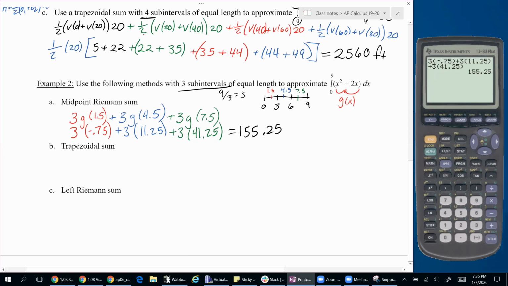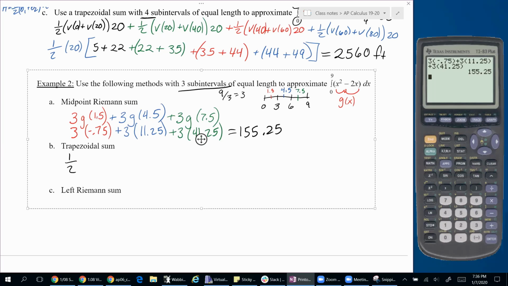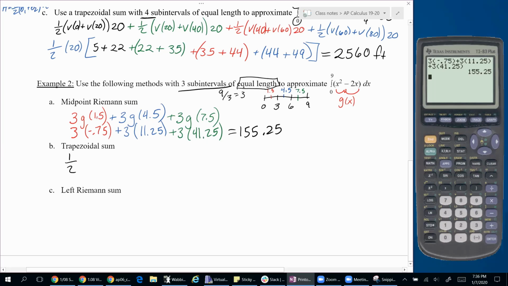So I'm just going to pull out that 1/2. And each trapezoid also had the same height because it said equal length. Well, here it says equal length again, so I can pull that out as well. Now I just have to do the average of the bases for each interval.